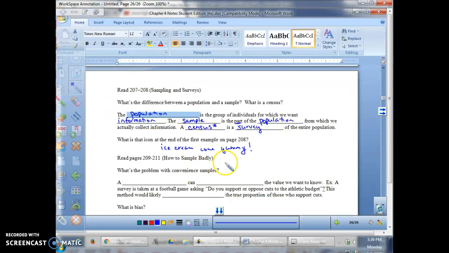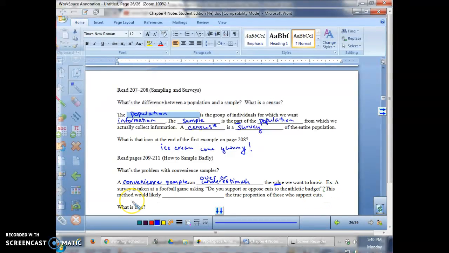So what's the problem with a convenience sample? A convenience sample can either over or underestimate some true value that we're interested in. So say we're interested in finding out the proportion of the population that supports cuts to the athletic budget. If we went to a football game and we asked the question, do you support cuts to the athletic budget?